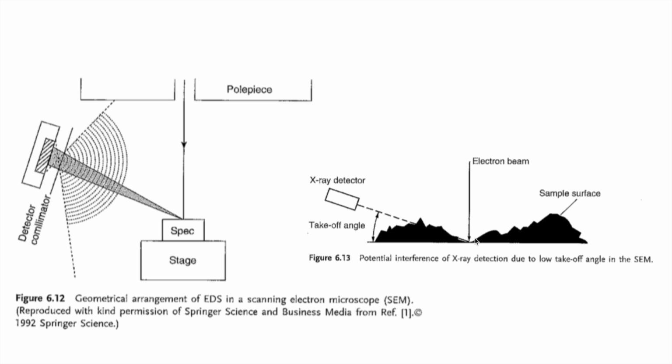So if we're in this valley, the features over here could obscure the X-rays from going to the detector at these very low takeoff angles.